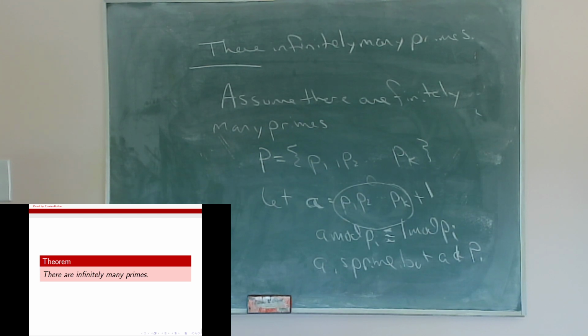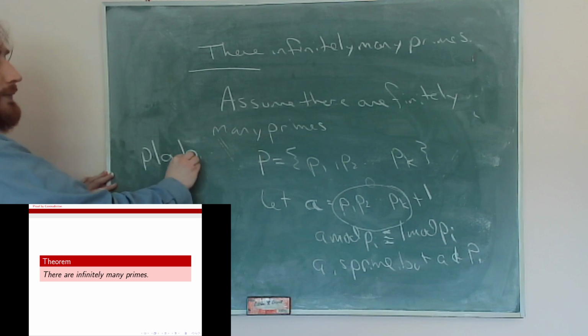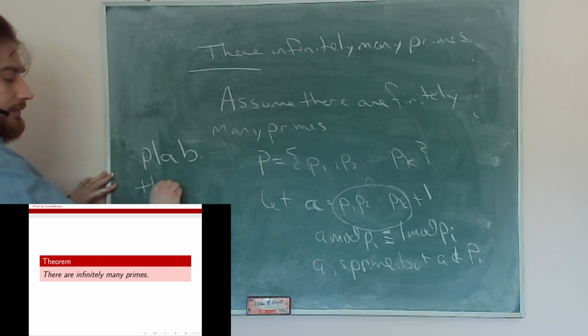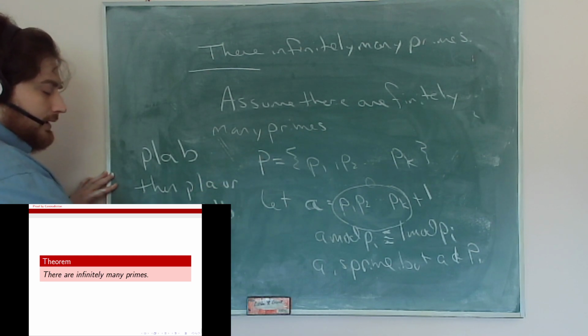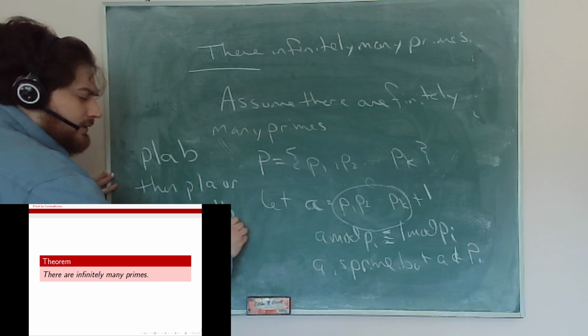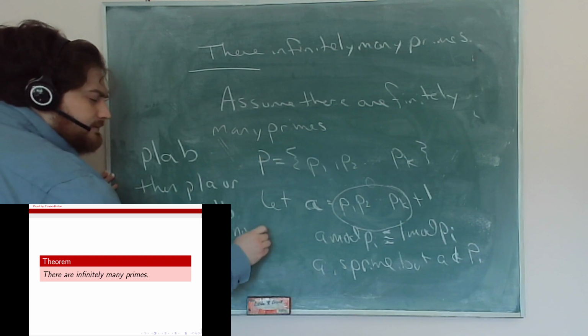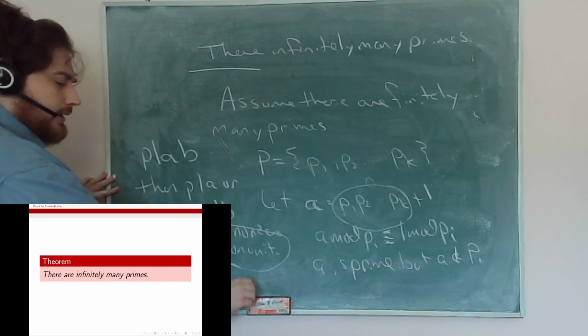The reason why we exclude 1 is that if you look at a generalized version of prime in numbers other than the natural numbers, a prime number is defined as a number p such that if it divides a times b, then p divides a or p divides b, and p is a non-zero non-unit.